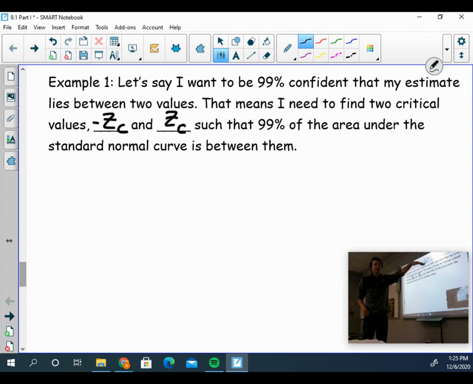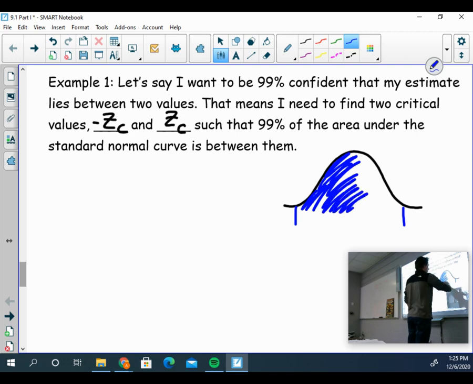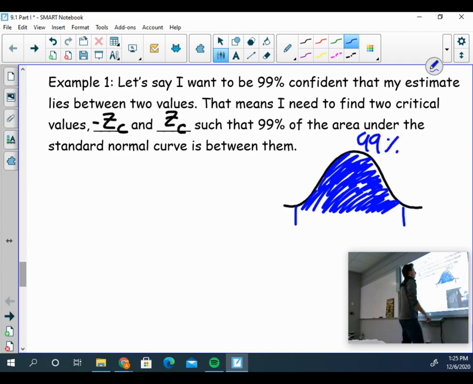If we want to be 99% confident, we're going to look at the standard normal curve and say, okay, here's 99% of the data. Let's find these 2 values such that 99% of the data is between them.